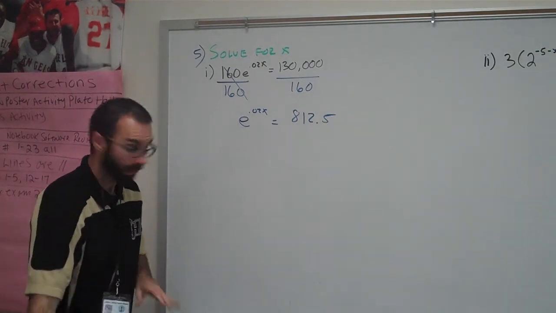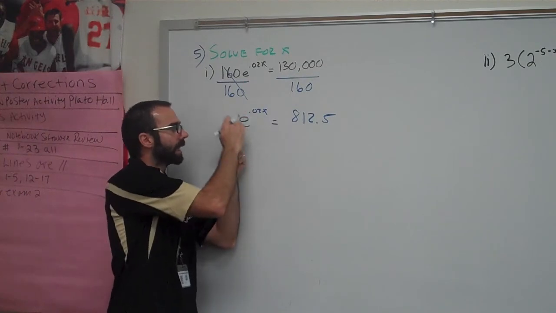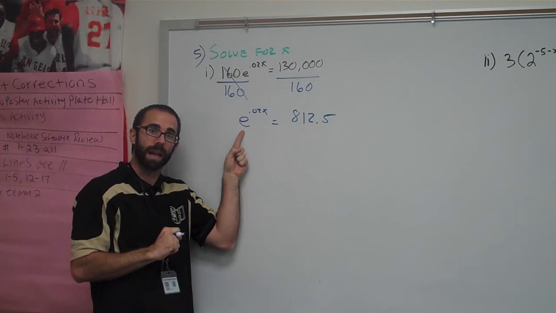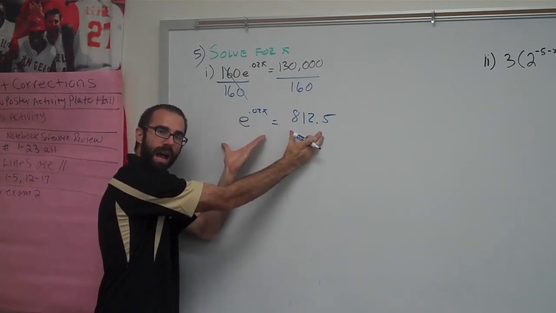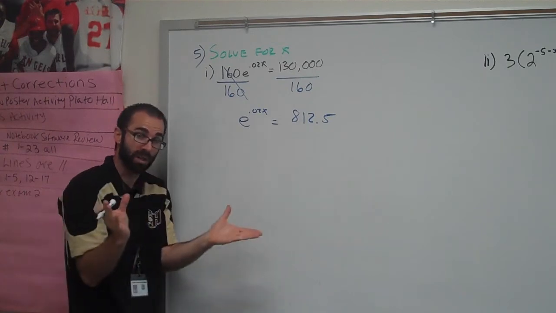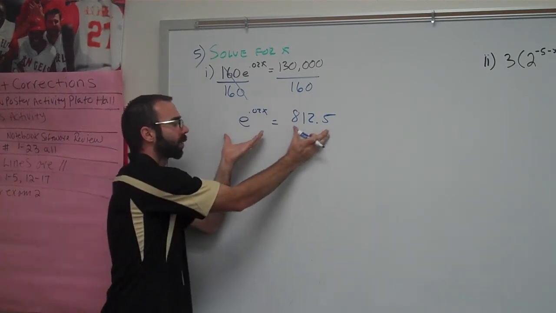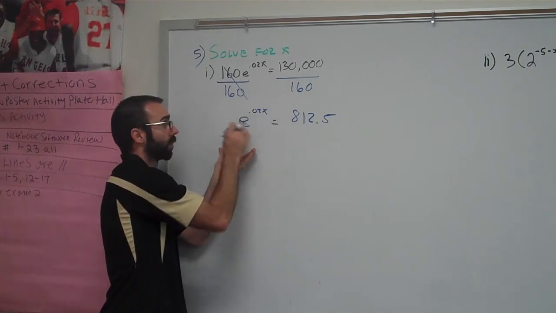Alright, so now this is going to test your ability to get rid of our e by using our inverse property. And basically what's going to happen here is, what can we do to both sides of our equation, right? Because it's an equation, so we have to do the same operation to both sides. What can I do to both sides of my equation that would eliminate this e, so that we can bring this down?